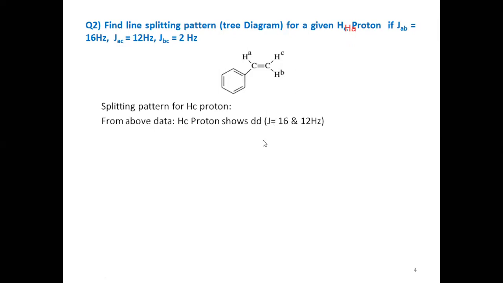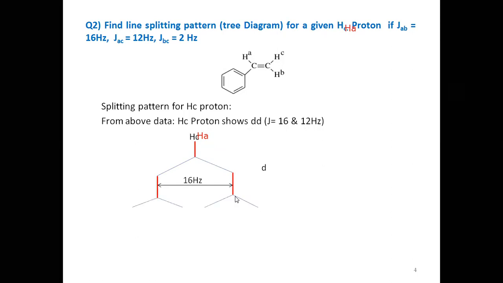Now for splitting, the larger coupling constant splits first. So actually the mistake is in this H, it is not HC, it is HA. For HA, the first splitting takes place at 16 hertz, giving a doublet with 16 hertz, and then a doublet with 12 hertz next.